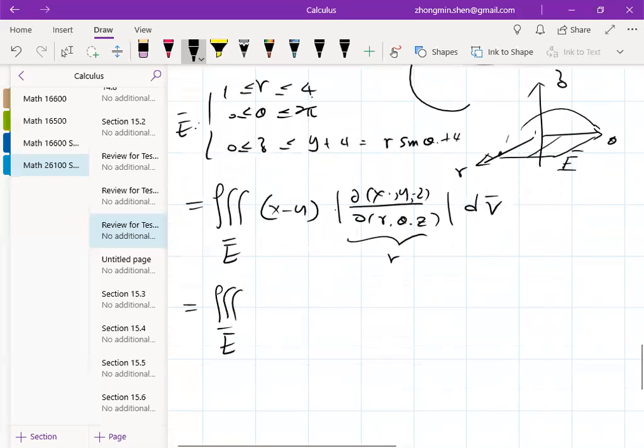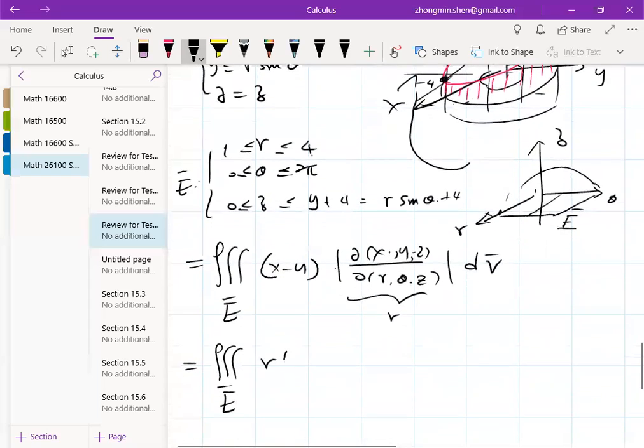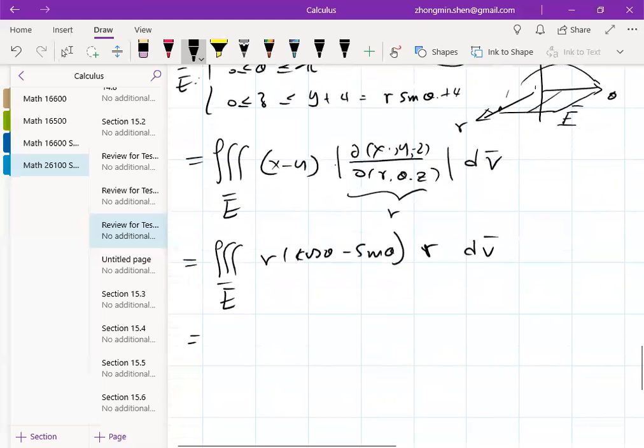Now how can I iterate this triple integral? X minus y is r cosine theta minus sine theta, and here is r and dV bar. Then you still have to change it to an iterated integral.